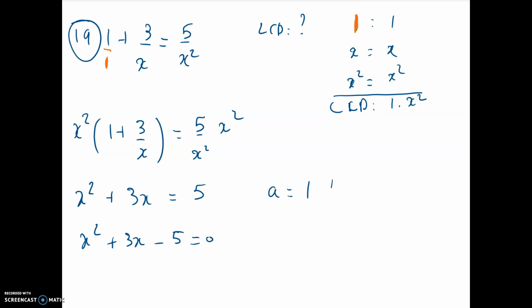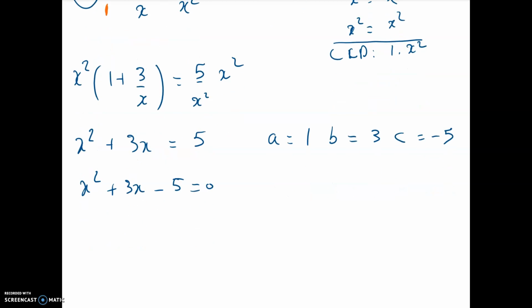So a equals 1, b equals 3, and c equals negative 5. You use your quadratic formula, and you end up with x equal negative 3 plus or minus the square root of 29, divided by 2.